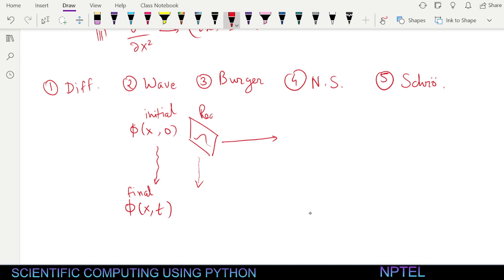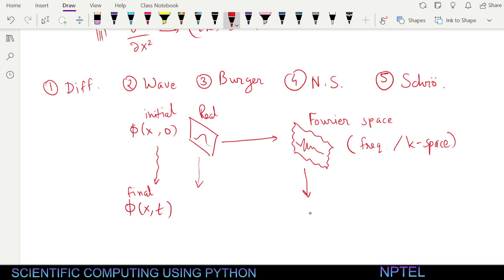So this is real space. Now go to its Fourier space. This is your Fourier space. If phi is a function of just t, then this will be like frequency space. If it is a function of x, which is the case in all of our equations, then it becomes k space, the space of wave vectors. In that, it might look something like this, but then solve it.